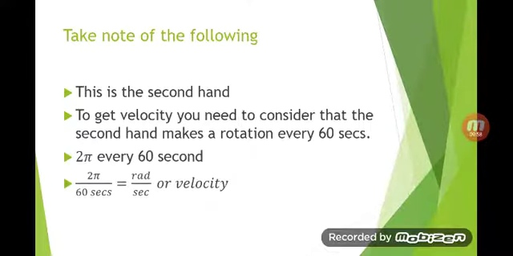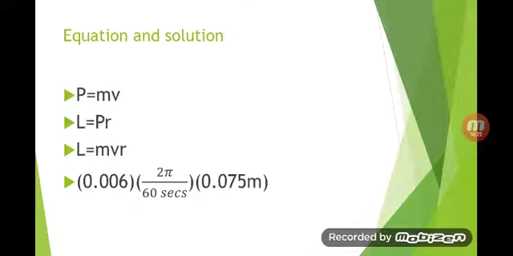Now, take note of the following. This is the second hand. To get the velocity, you need to consider that the second hand makes a rotation every 60 seconds, which means that it gains 2π every 60 seconds. Now, convert it into per second and you get 2π over 60, which is simply the angular velocity. Now that you're given angular velocity, you can compute for momentum. Momentum is equal to mv, mass times velocity.